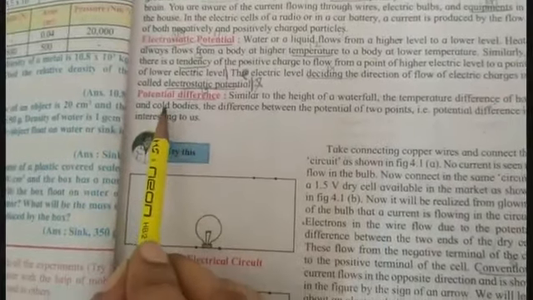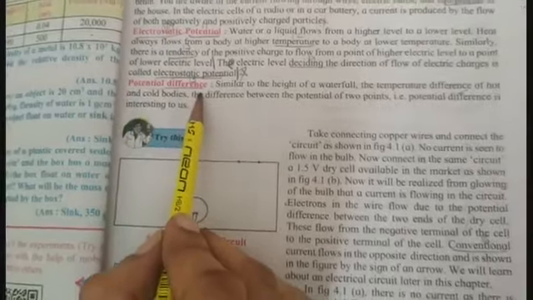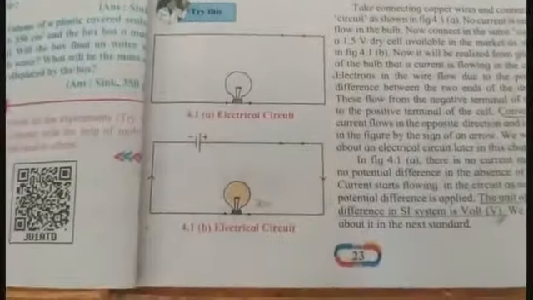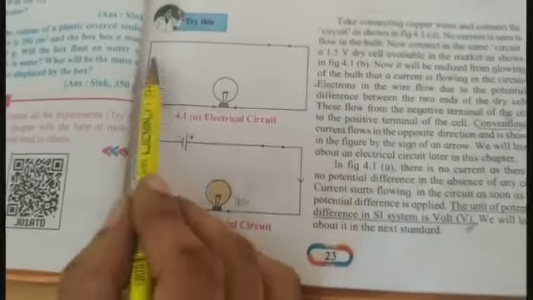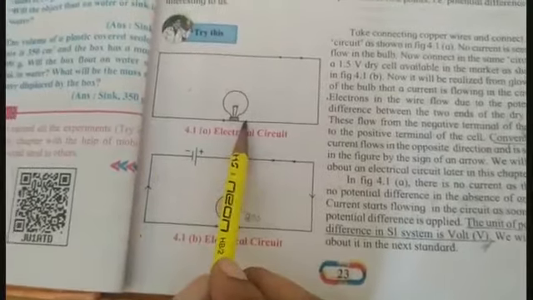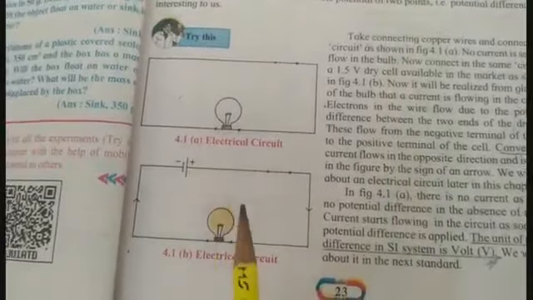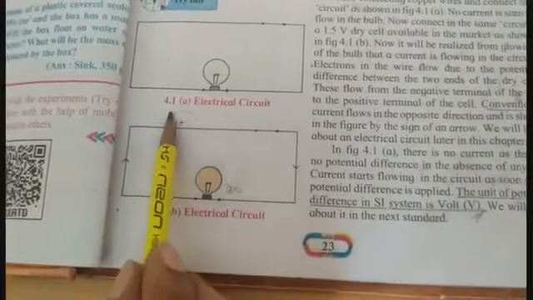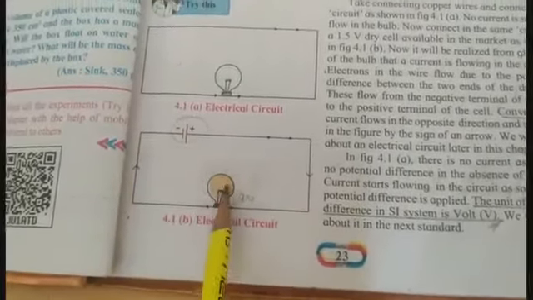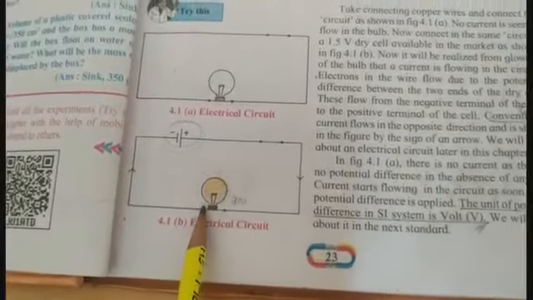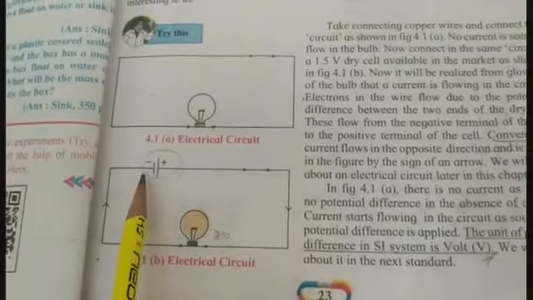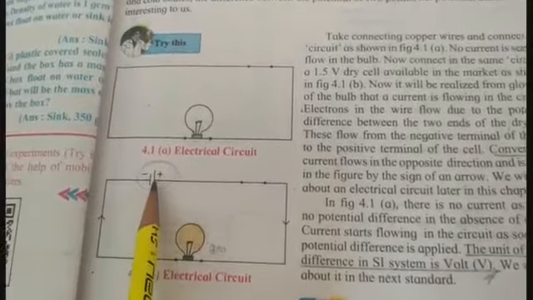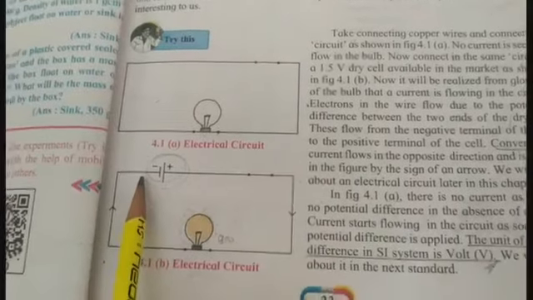Now, let us study the potential difference. To study this, let us consider this example. Here, a bulb is connected with a wire, but it doesn't glow. But if the same system is connected with a cell, then we see that the bulb glows. This is because of the flow of the charge, the negative charge and positive charge.